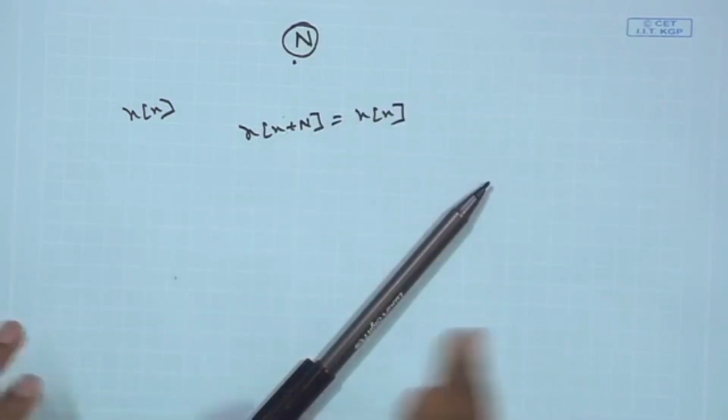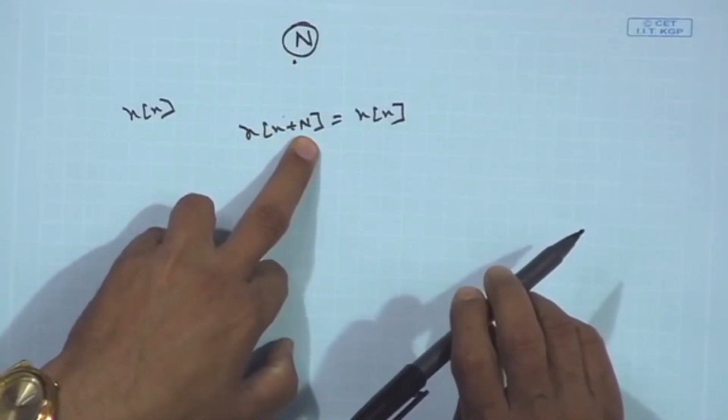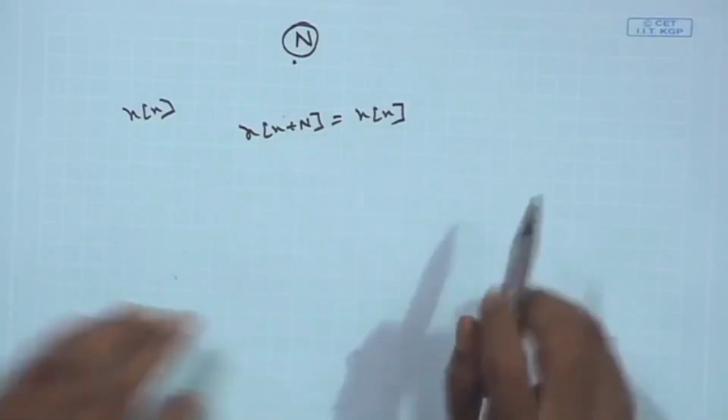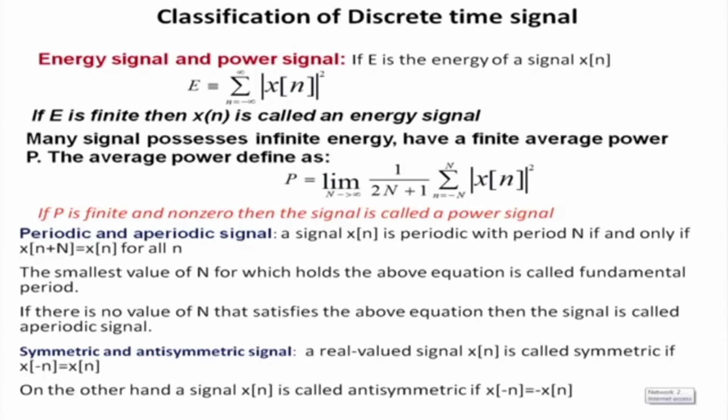If this point and the next repeating point are the same, then the signal repeats itself. So, it is the period. Then symmetric and antisymmetric signal: a real valued signal x n is called symmetric if x of minus n is equal to x n.